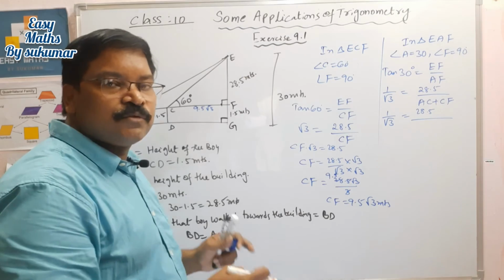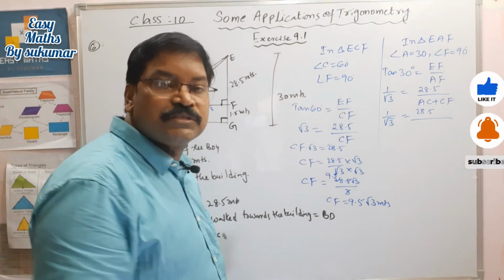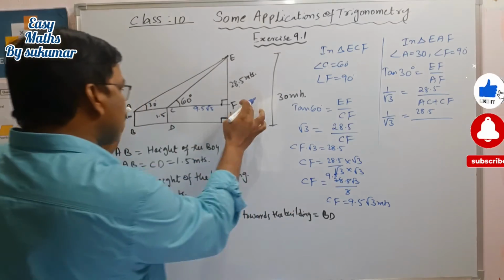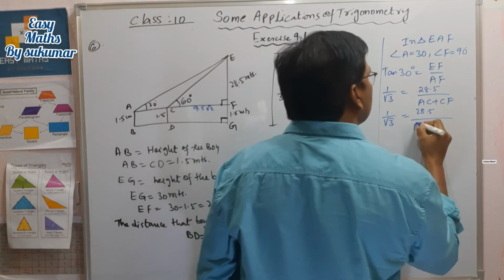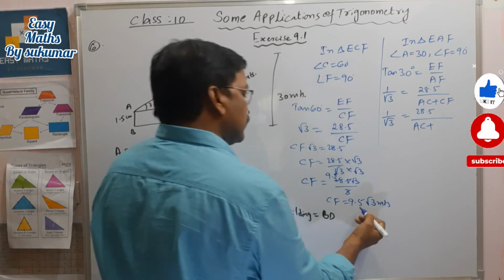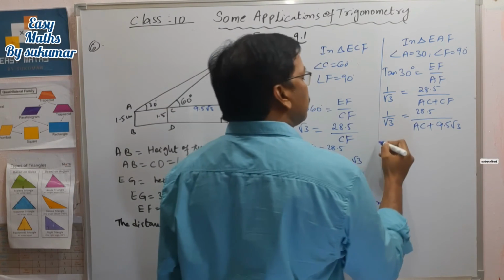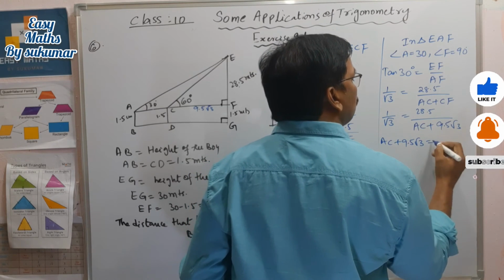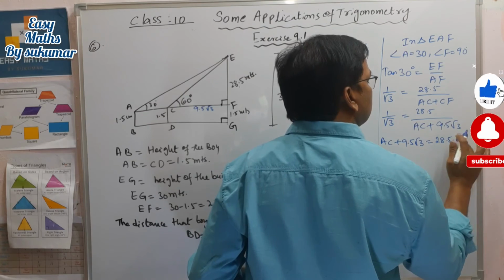AC means the distance he walked towards this building. See here, this AF can be written as AC plus CF, but AC is unknown and CF is 9.5 root 3. By cross multiplication, AC plus 9.5 root 3 is equal to 28.5 root 3.